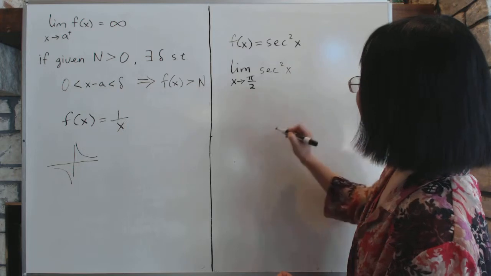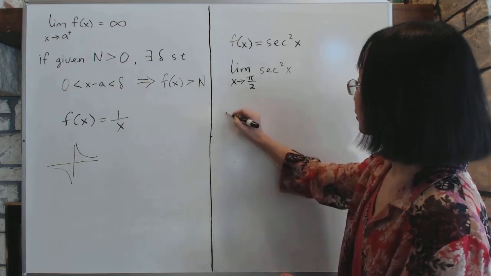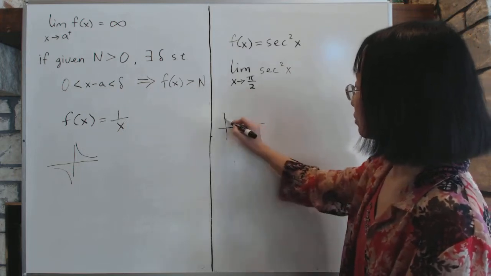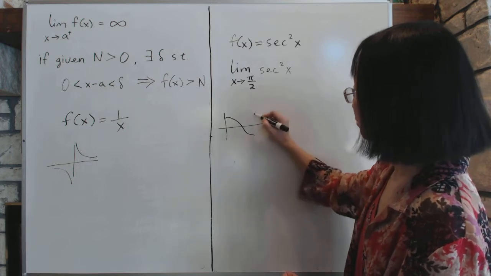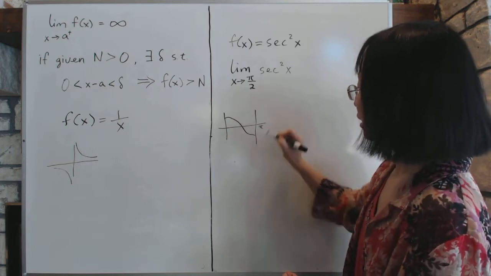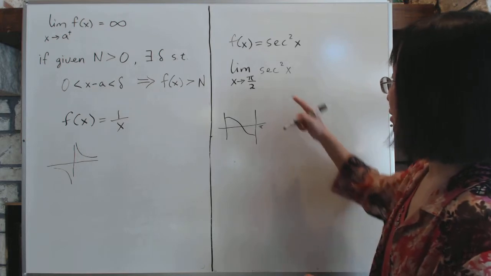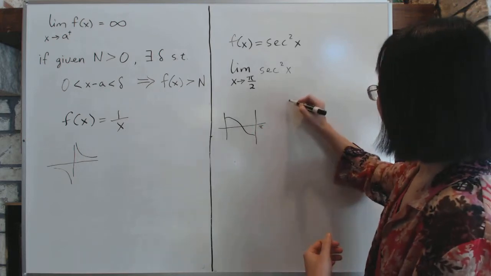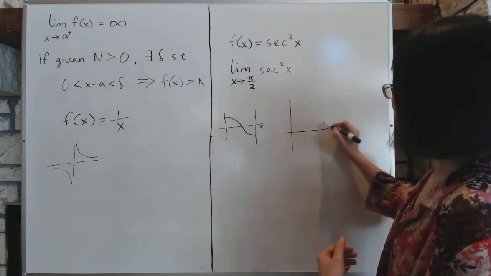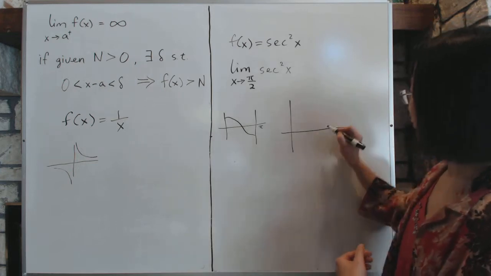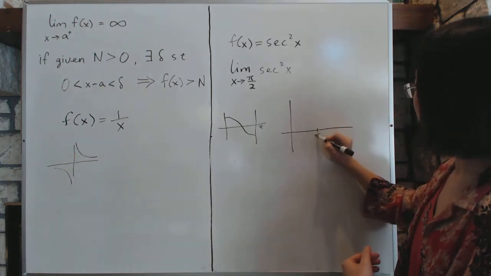Well, we know the graph of cosine. The cosine function goes something like that. This is from 0 to pi. And then, of course, the secant function, which is 1 over cosine, is going to look something like this. This is pi over 2.